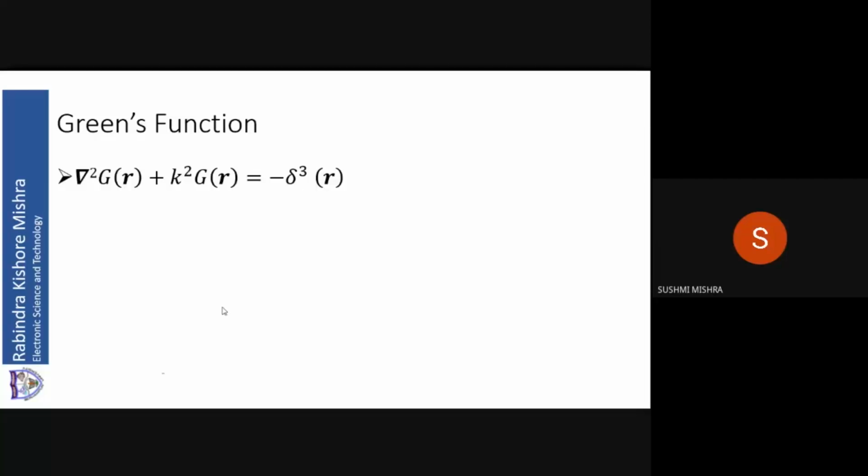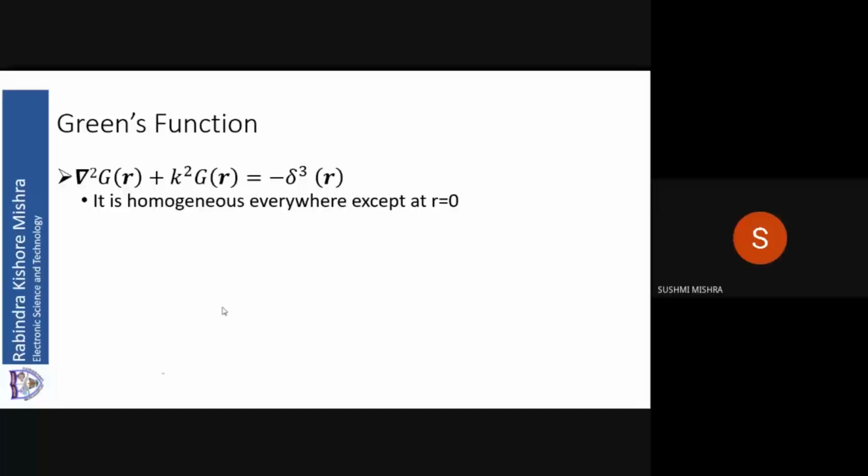Okay. So this is the inhomogeneous equation everywhere except at the origin. Why? Sorry, this is a homogeneous equation everywhere except at the origin. Why? We know delta r by definition is equal to 0 everywhere except at r equal to 0. Therefore, except at the origin, this equation is homogeneous everywhere.